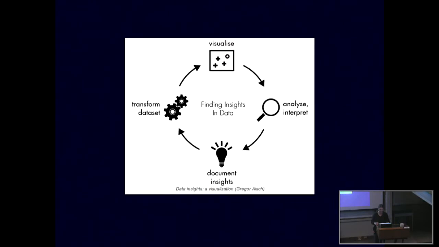And there's a kind of a cycle, and really there's errors all over the place because this isn't quite as neat as Gregor drew this. But you're looking for insights in that data that you can then visualize in some way and show off to people.